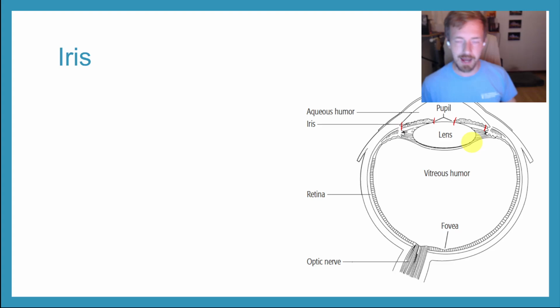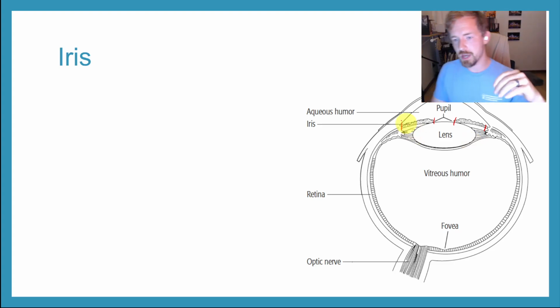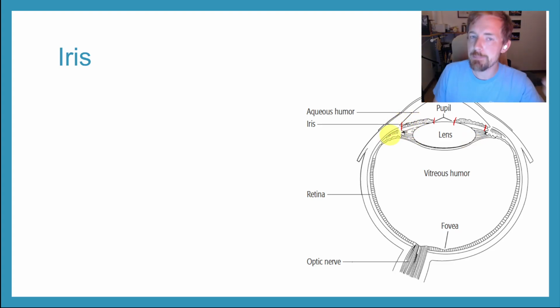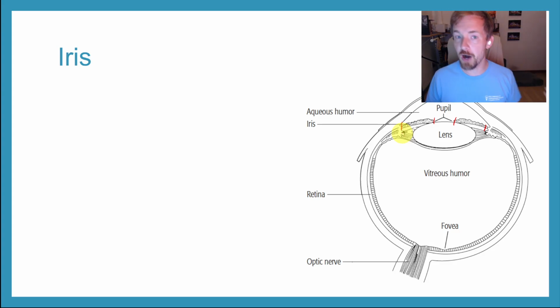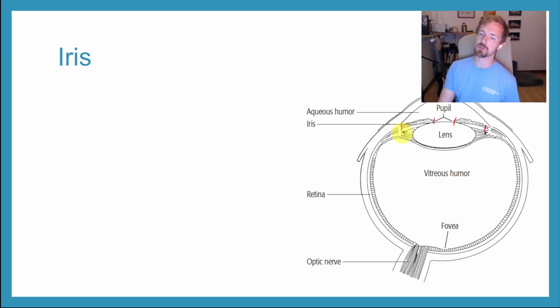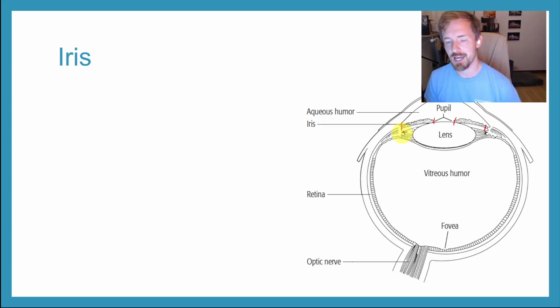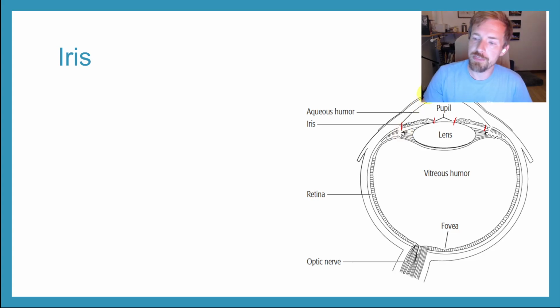That is because my iris is a muscle right here, and the pigment in it is bluish-gray, and that is genetically determined. You probably learned about this when you were learning about Punnett squares and all that in middle school, and about how you have recessive and dominant genes, and that those can dictate what color eyes you are likely to have whenever you were born. So that is from this muscle right here.